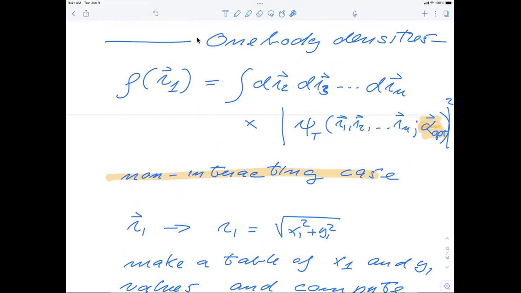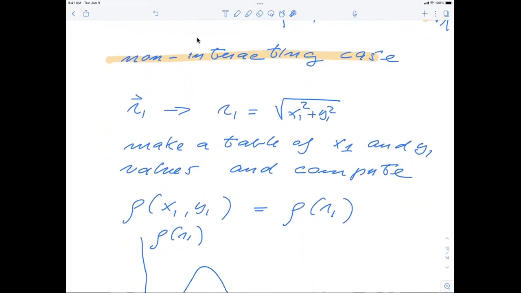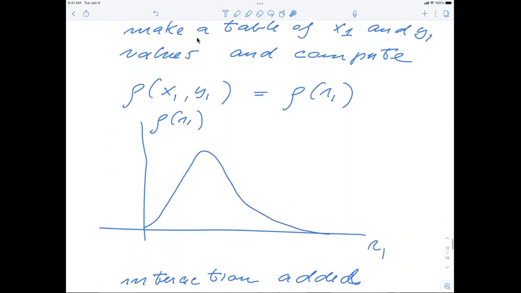That's one possibility. Then you would simply produce a table with x1s and y1s, or a table which just has x1 squared plus y1 squared, and that gives you R1. When you have this density as a function of R1, you can make the plot and then analyze the results in terms of non-interacting and interacting wave functions.